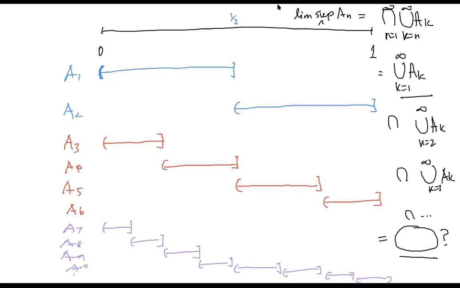Summation? Why does it involve summation? This is a set operation. You have sets, so you take intersection. Why would it involve summation?